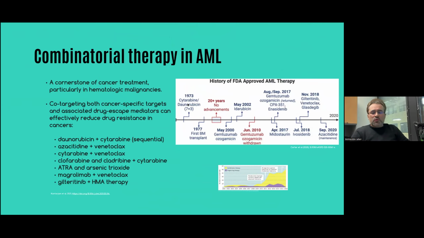In this kind of complex disease, I can say that the natural course of treatment is to go for combinatorial therapy. If you go back in history, combinatorial therapy comes from sequential therapy. For example, one drug, drug A, works very well for many patients, but a large portion of patients relapse.